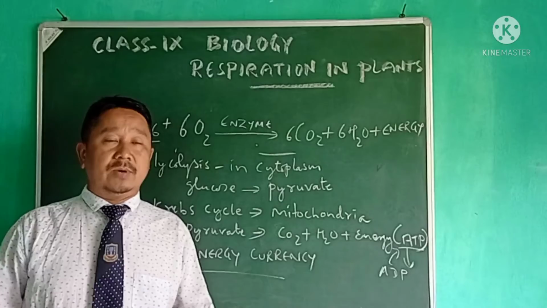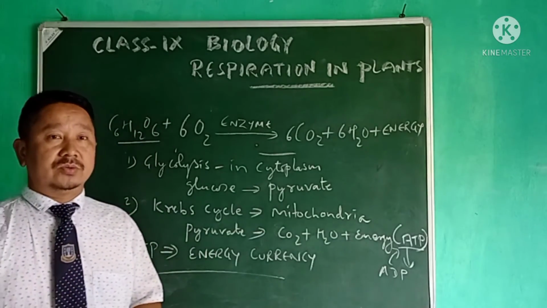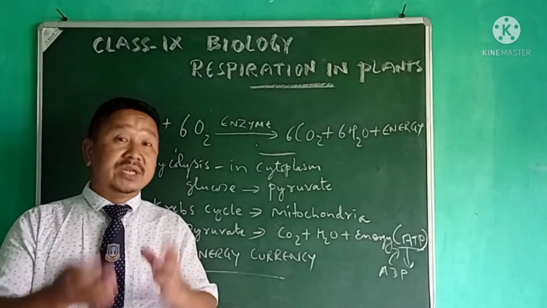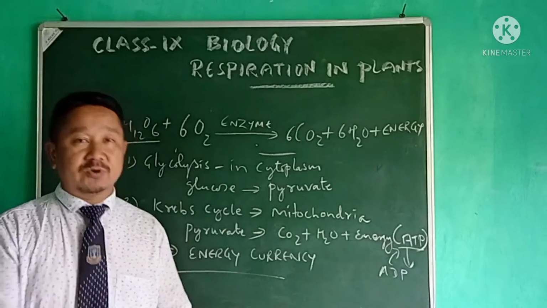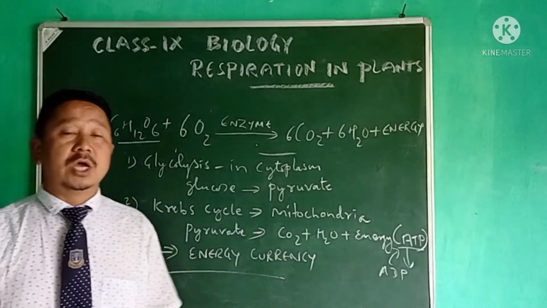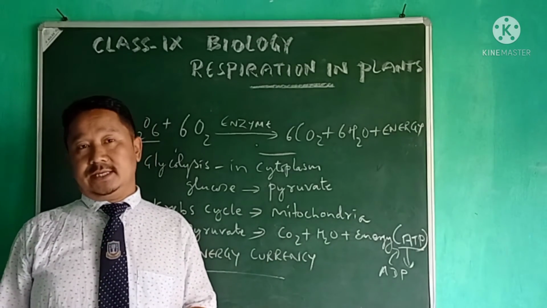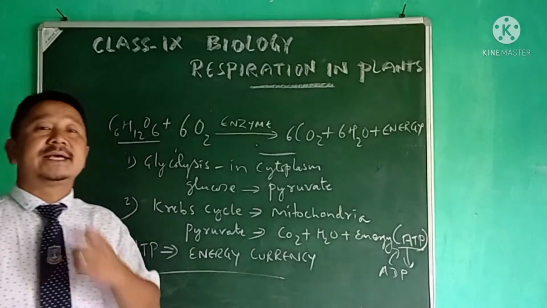Whatever desire we have, whatever we want to do in our materialistic life, we need to have money. We need to have currency. Then only it is possible. Similarly, in the body, in the cells also, so many metabolic activities and reactions are there which are to be carried out.